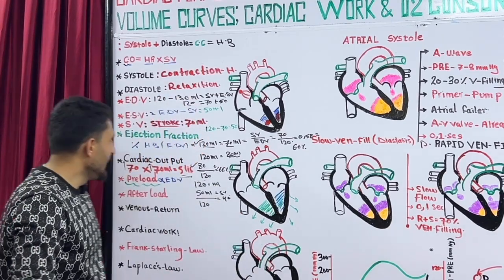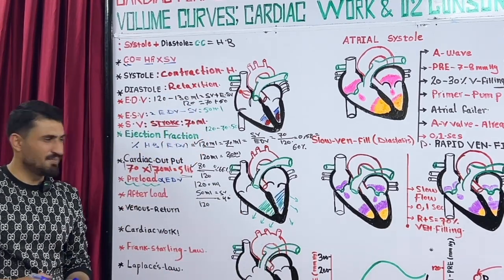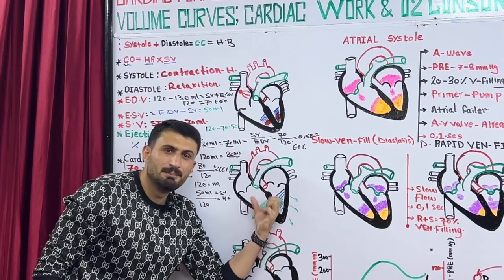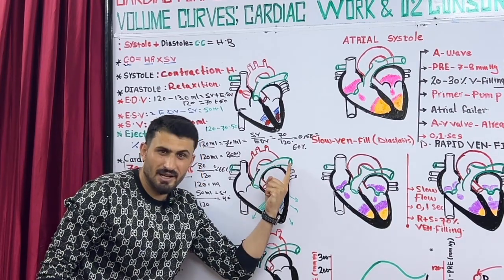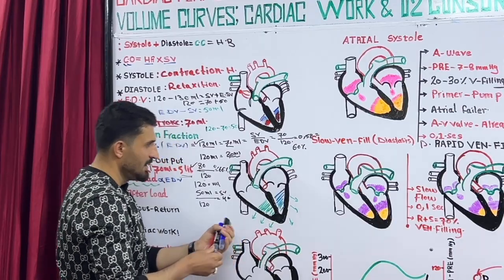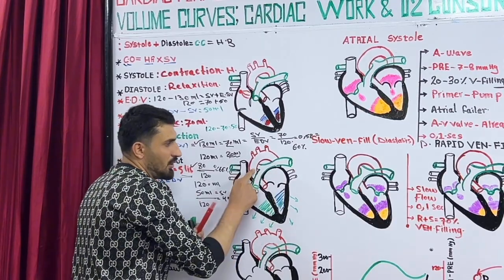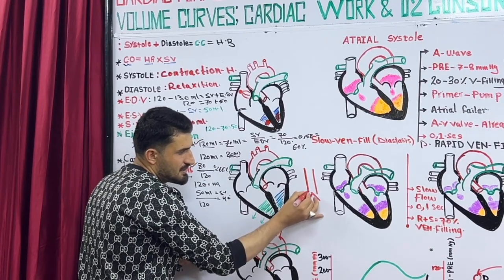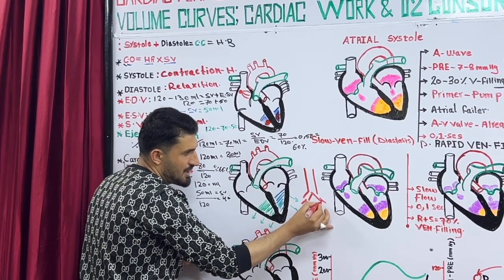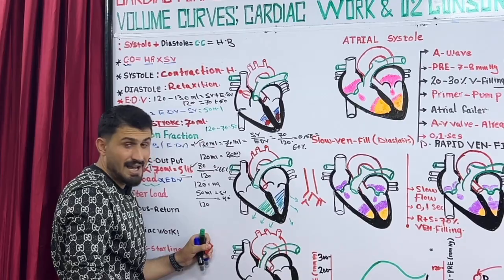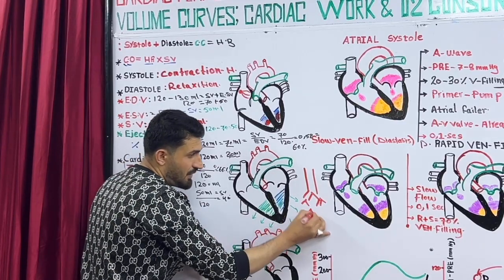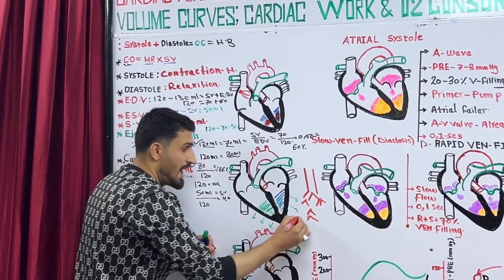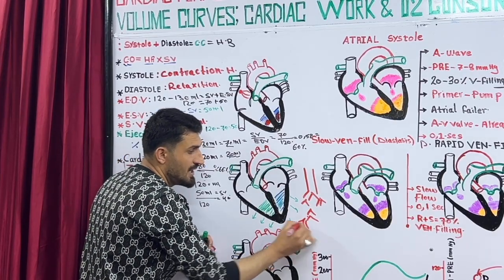Got it? About the afterload. Afterload means now the heart is pumping blood to the systemic circulation. For example, here I have aorta, and this aorta divides into different branches, small and medium sized arteries, and then it divides into further branches which are called arterioles, and arterioles are then divided into capillaries.